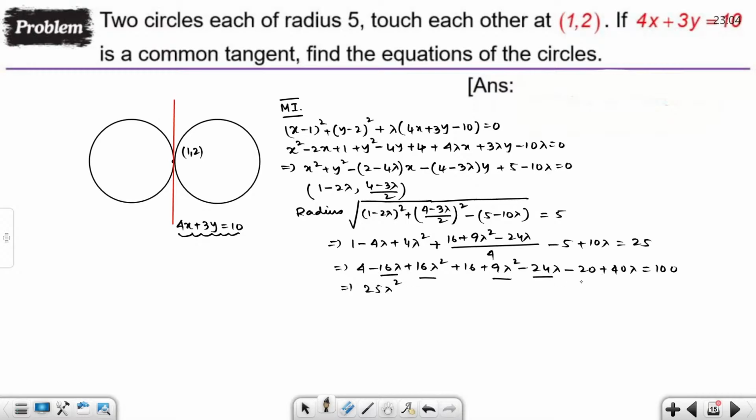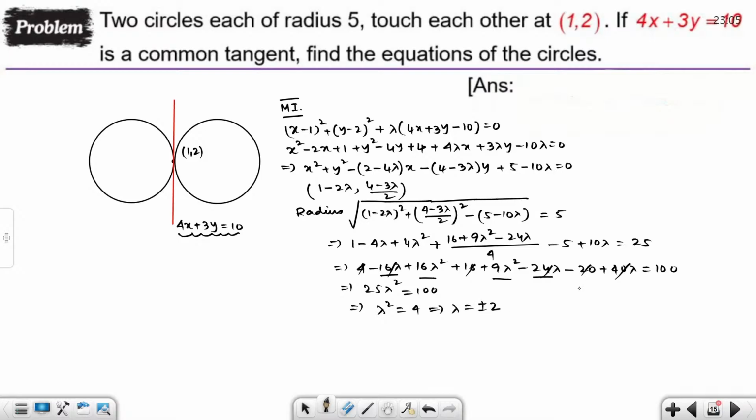This is minus 40 lambda. This is 40 lambda, so this goes off. Again, this also goes off. So this is equal to 100. From here we are getting lambda square is 4, which implies lambda is plus minus 2.